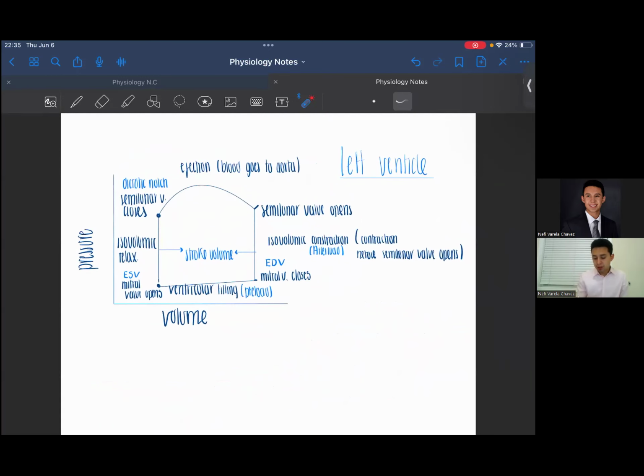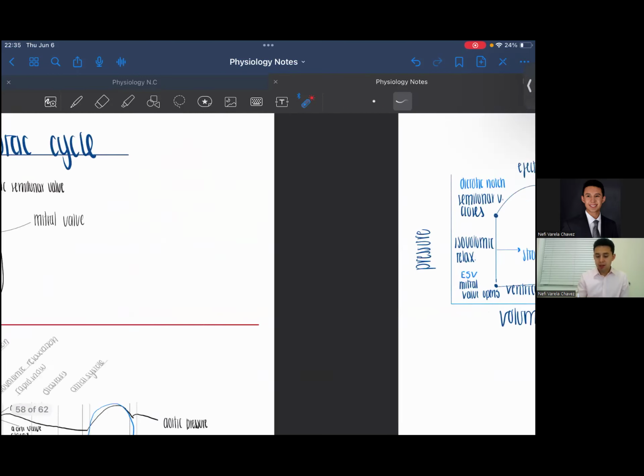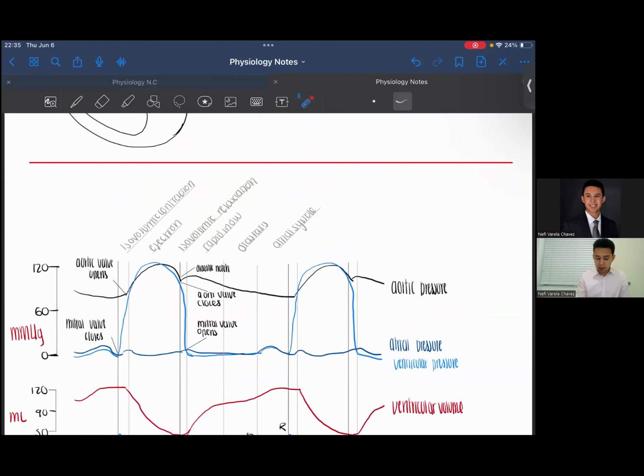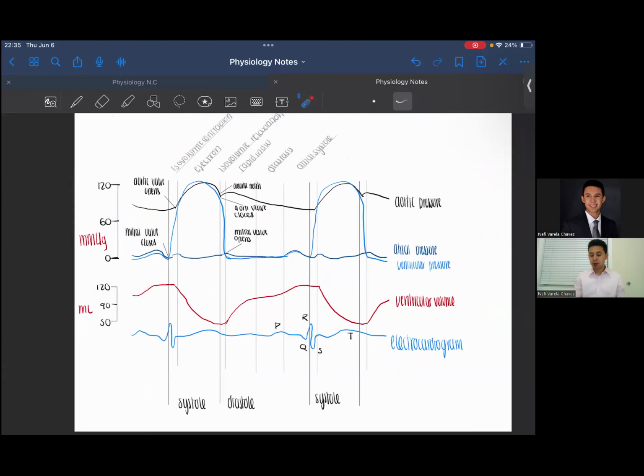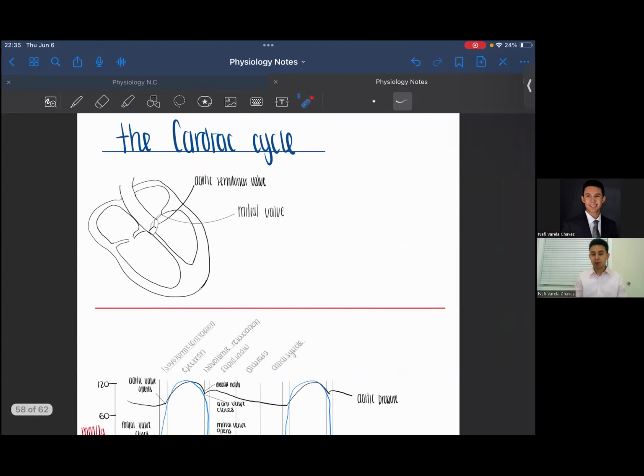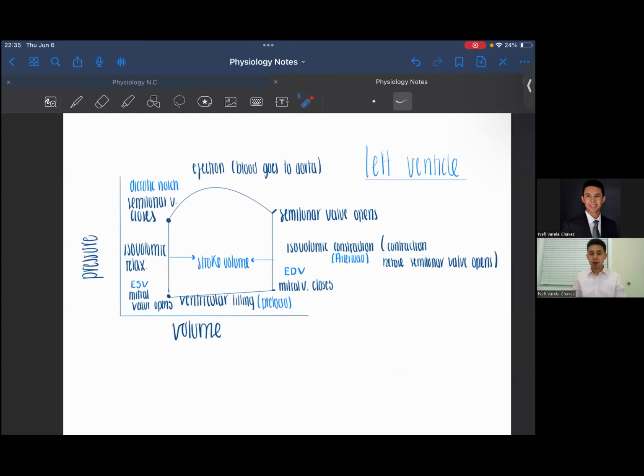So this is pretty much what we are looking at here, volume and pressure. It's pretty useful because the left ventricle is going to play an important role in the distribution of blood around the body.